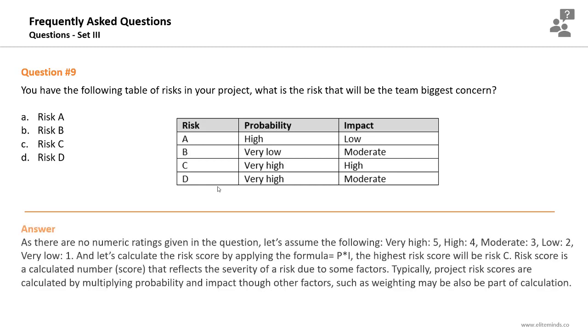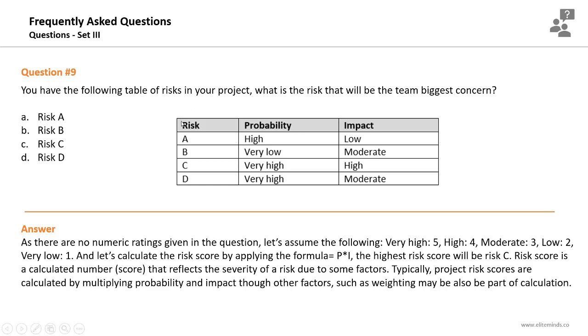Now, how to solve such questions? Let's make an assumption that very high equals 5, high equals 4, moderate equals 3, low equals 2, and very low equals 1. And let's calculate the risk score by applying the formula probability rating by the impact rating, and the highest risk score will be the team's biggest concern.